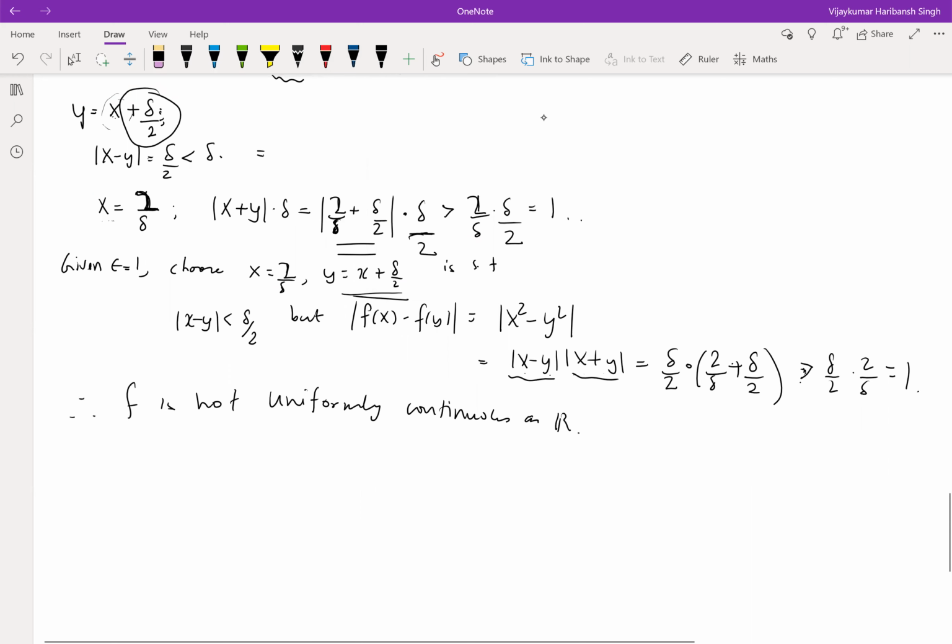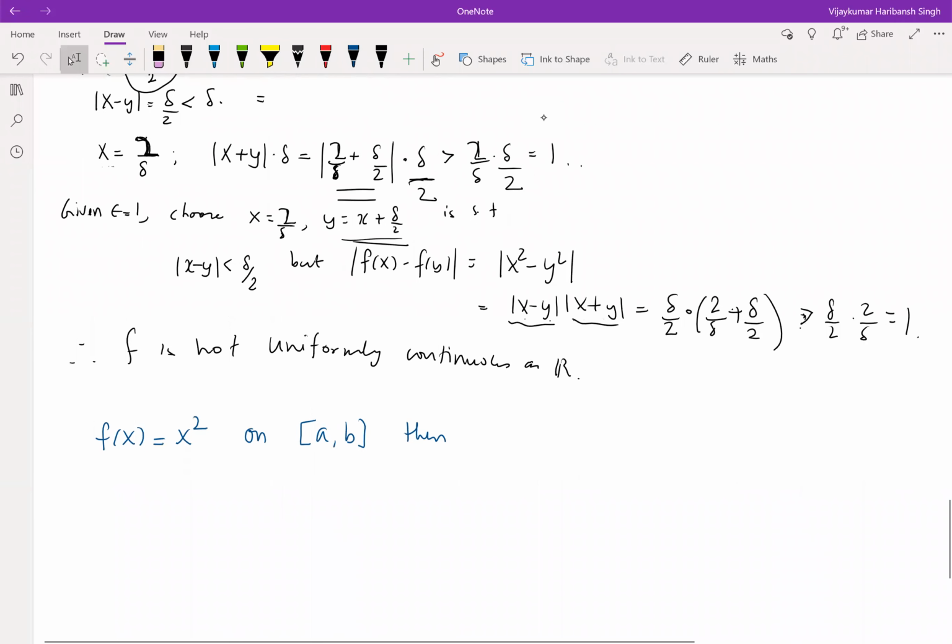Let's take f of x equals x squared on an interval [a, b], then f is uniformly continuous.